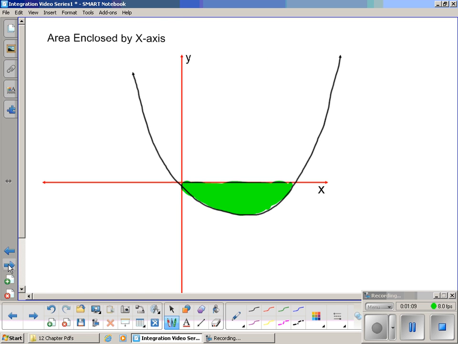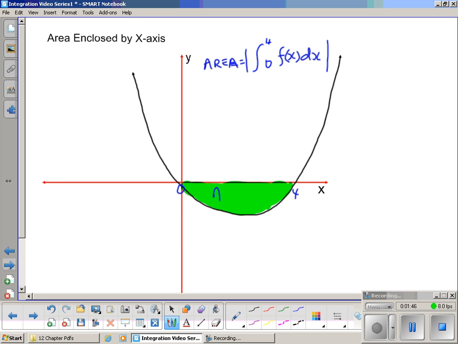Things get a little trickier though when you've got an area between the curve and the x-axis that looks like it's under the x-axis for the whole time. So we might have an x-intercept of 0 and 4 here. What we'll have to do to get our answer here is take the absolute value of the integral between 4 and 0 of this particular function, because otherwise we'd get, I guess, a negative area.